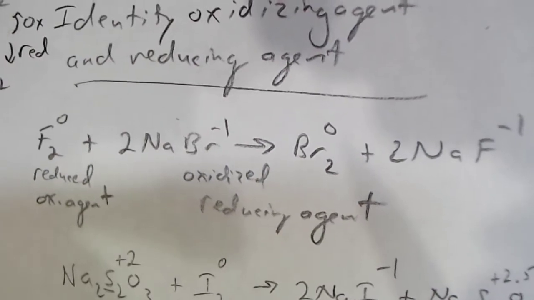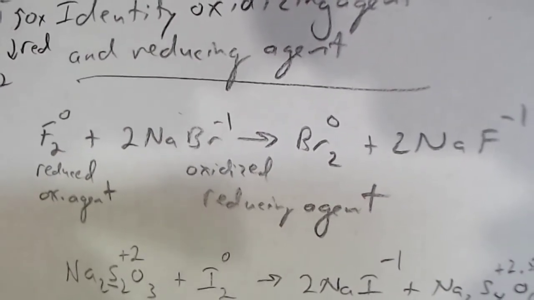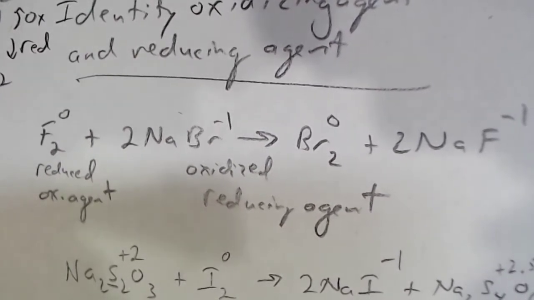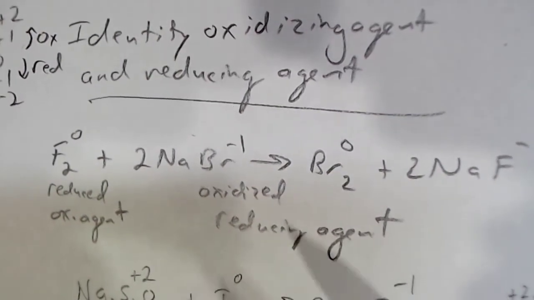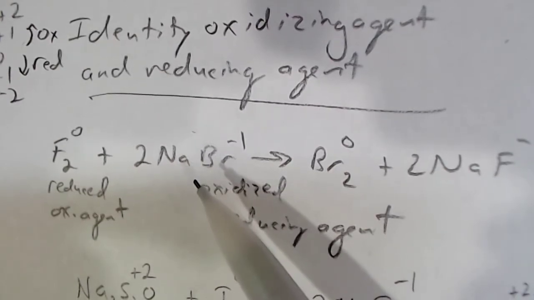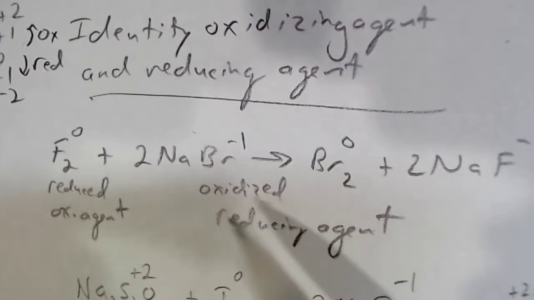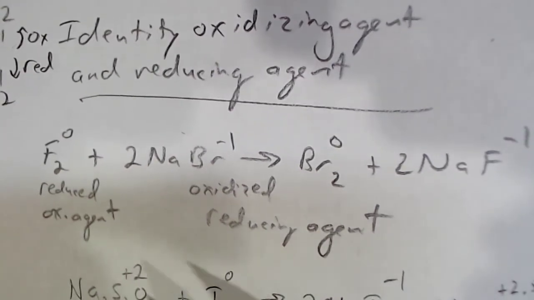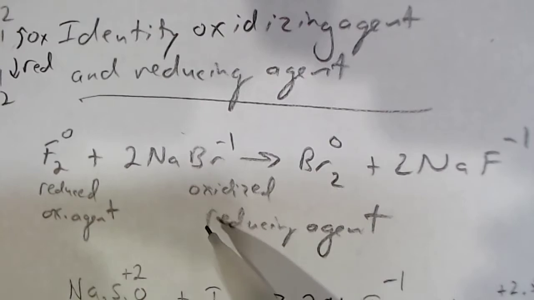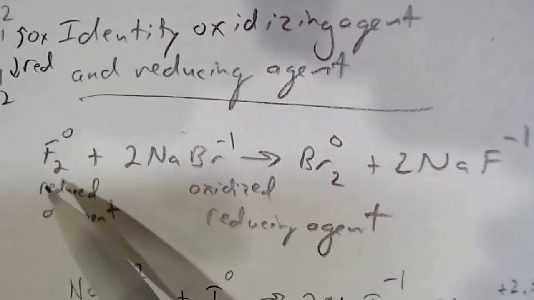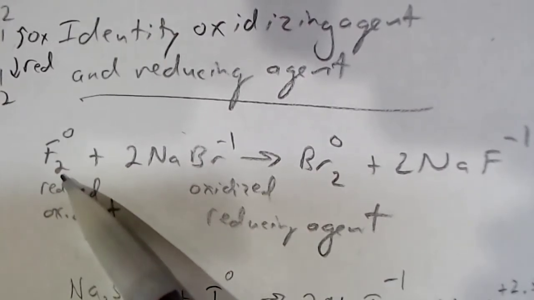Okay. So we now know how to use oxidation numbers. Let's see how to actually use them to determine what is oxidized or reduced. This is the quicker way to determine what is oxidized or reduced, instead of actually writing out whole half reactions. All right, so identify what is reduced in this reaction and what is oxidized. One way to do this is to look at the oxidation number of fluorine.